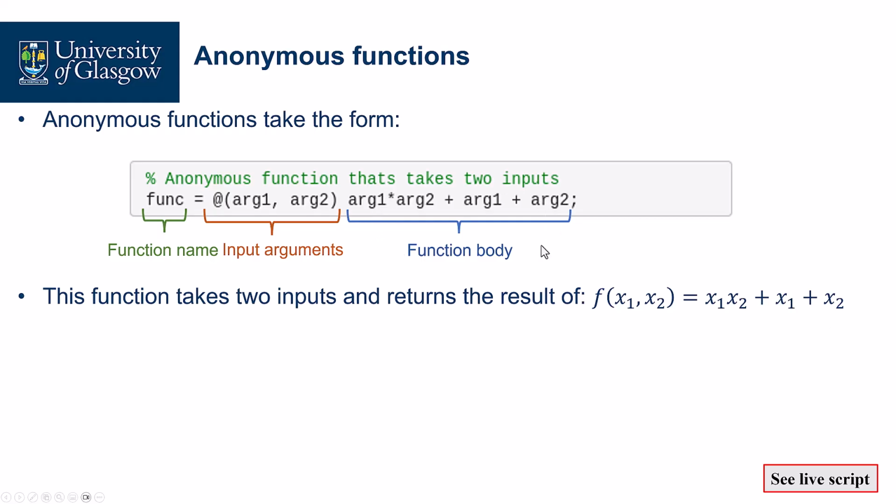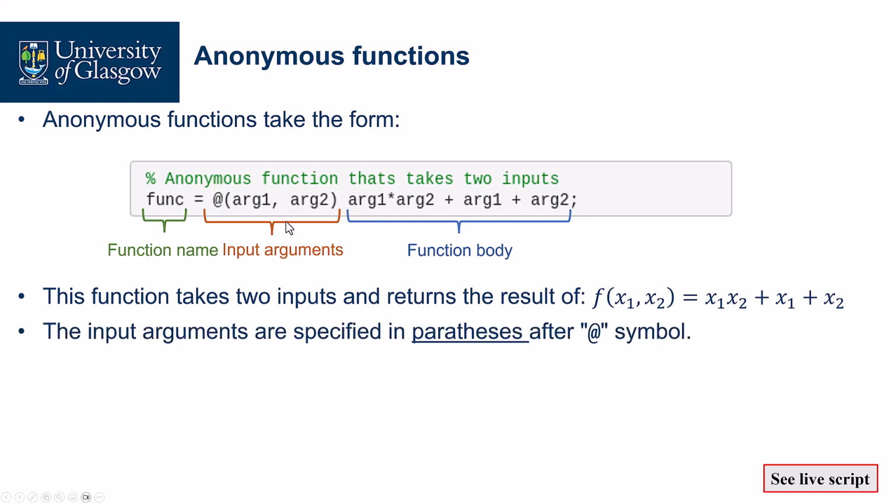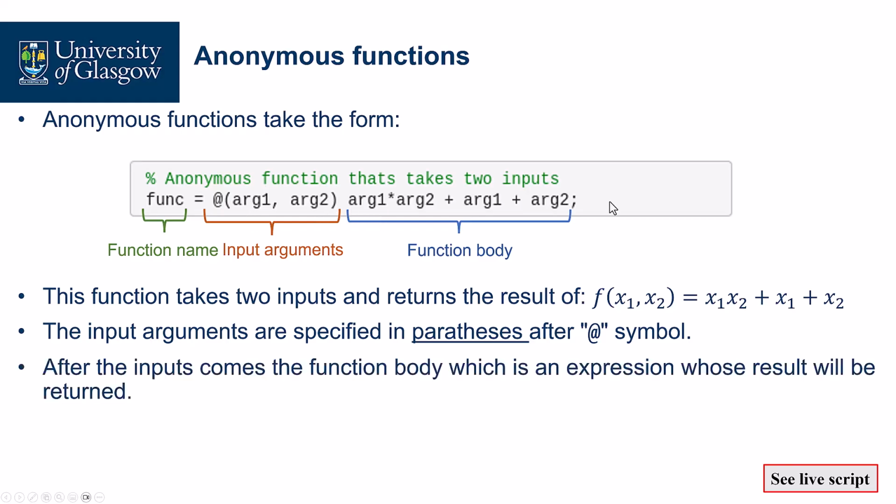So the function body is here. Then we see the input. What are the inputs? arg1 and arg2 within parentheses, and preceded by the add symbol. Then we can see the order of them. First is the function inputs with an add symbol, then the function body, right? The result of this function body will be returned.